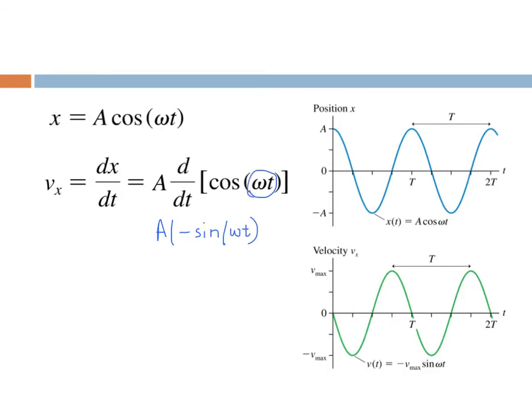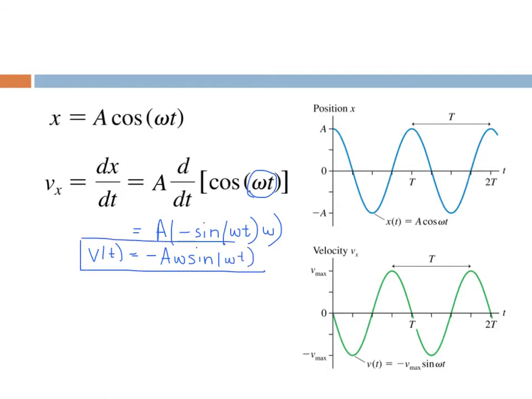Now, since we're taking it with respect to time, omega here is a constant. So the derivative of omega t is just omega. So this function for velocity is equal to negative a omega sine omega t.